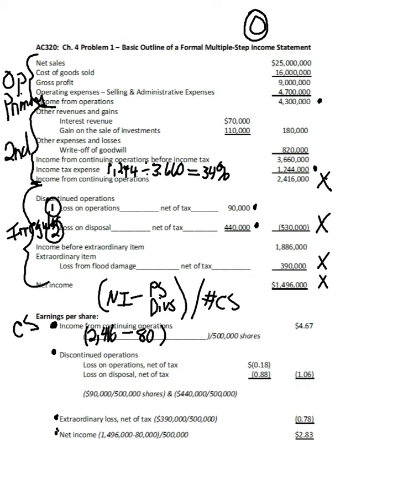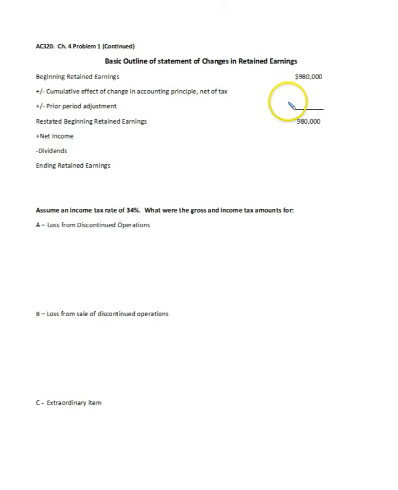All right, let's go on and look at retained earnings. If we were doing a retained earnings statement, I'm going to give you a full-blown one. What you're going to see in Chapter 4, we start with beginning. Sometimes there will be things that we adjust to beginning retained earnings. We don't have any of those in this problem, but if we changed our accounting principle, let's say we changed from FIFO to LIFO one year, we have to go back and restate beginning retained earnings as if we had always used LIFO all the time.